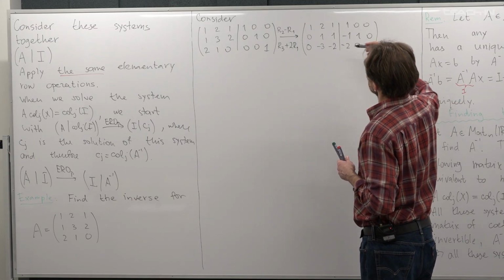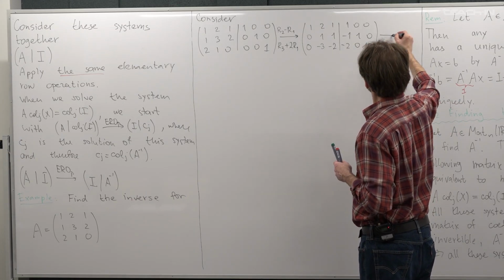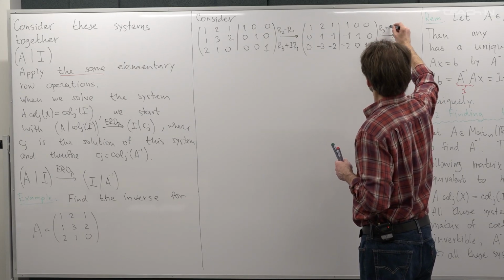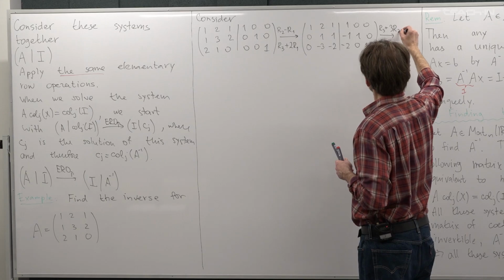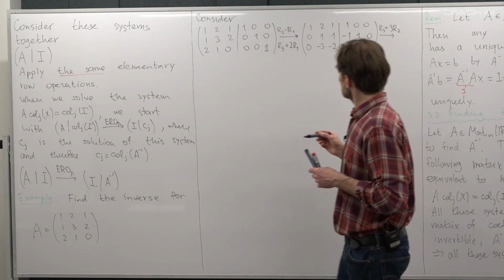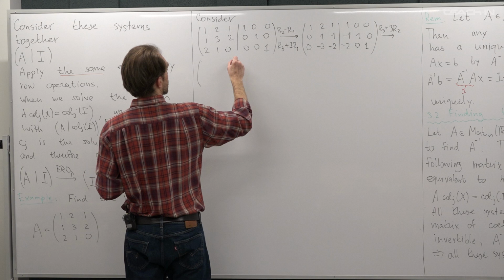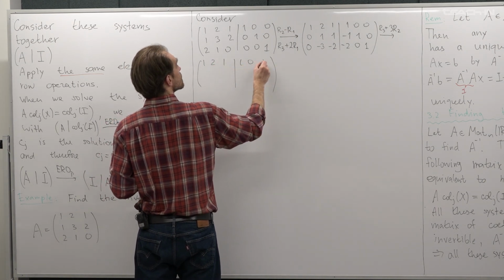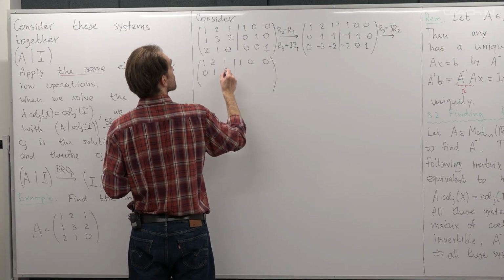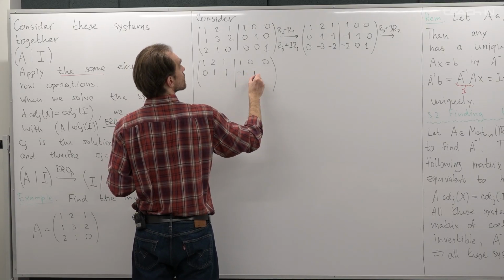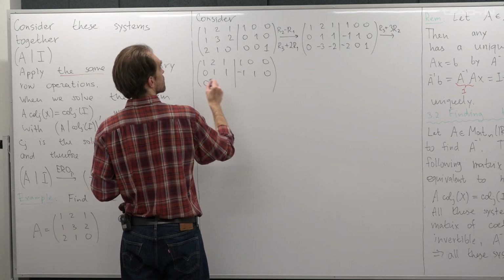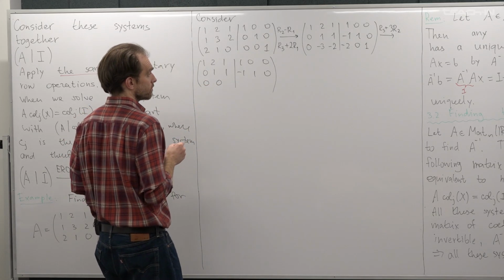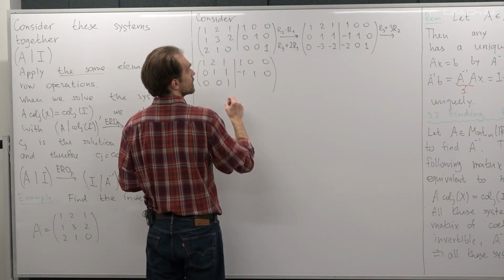Okay, then I'm going to add the second row multiplied by 3 to the third one. So we keep the first two rows unchanged. So we get 0, 0, and minus 2 plus 3 makes 1 here.